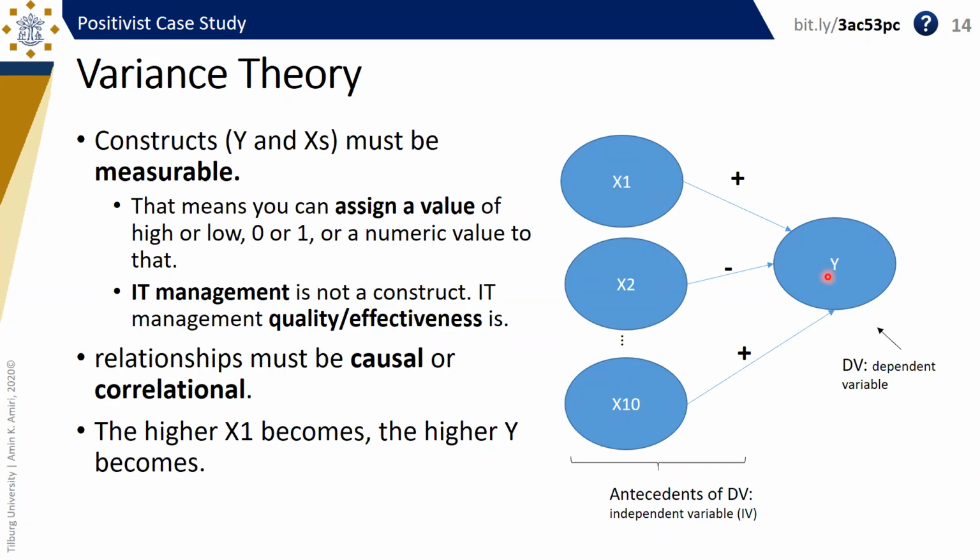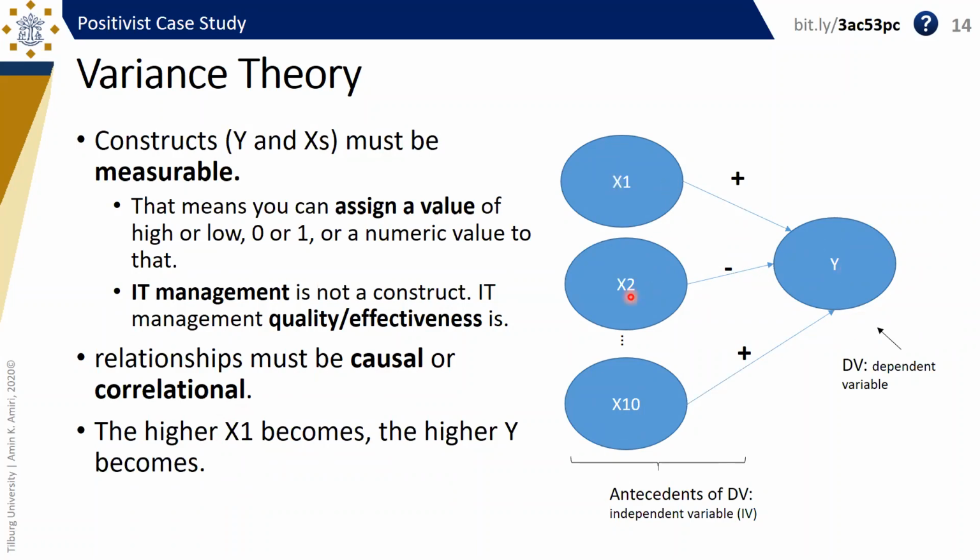We call this one the dependent variable, and these are called independent variables or antecedents of the dependent variable. The relationships between the dependent variable, the DV, and the IVs are causal or correlational. In a way, you're saying that if we increase X1, Y will be increased.